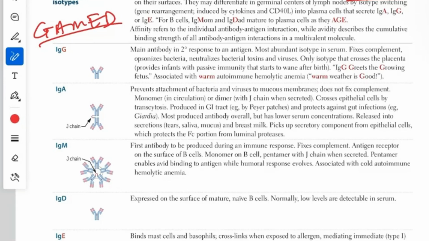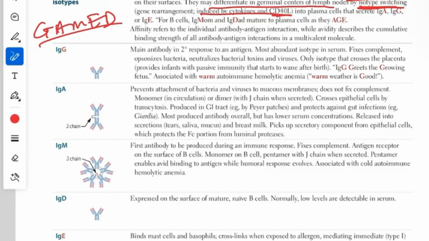And so these cells, like I said, will differentiate in the germinal center to undergo isotype switching, which is induced by cytokines and that CD40 ligand. So we'll come to this CD40, we're seeing it again, very important. Anything that disrupts this will lead to an immunodeficiency disorder called hyper IgM syndrome, which we'll look at shortly.